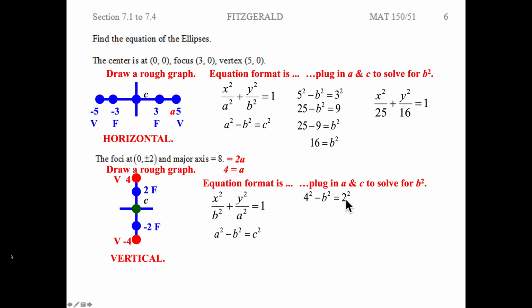Make the substitution. All right, 16 minus B squared equals 4. Subtract over the 4, add the B squared to the right. B squared is 12. We have everything we need. x squared over b squared, 12, plus y squared over a squared, which was 16, put a 16 there, equal to 1, and there's the equation of your ellipse.